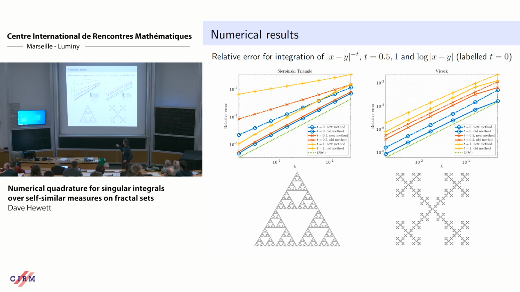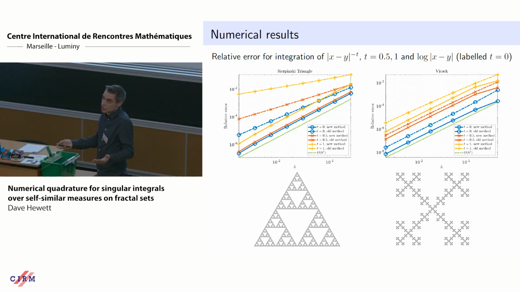The new method gives this order h² convergence. If you ignore them and just treat them as if they're regular, then you only get order h convergence. So you still have convergence, in the same way that in 1D, if you just integrate naively, you still get something, but it's not optimal.